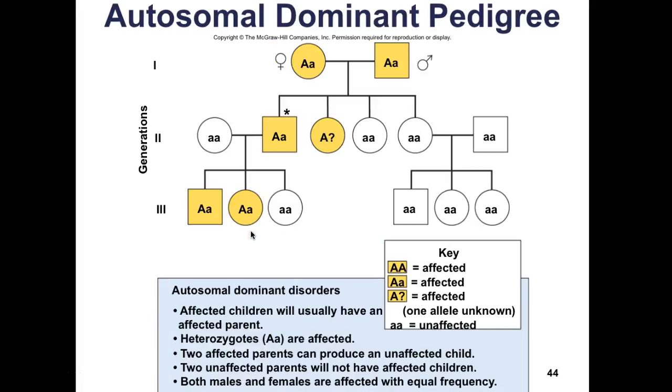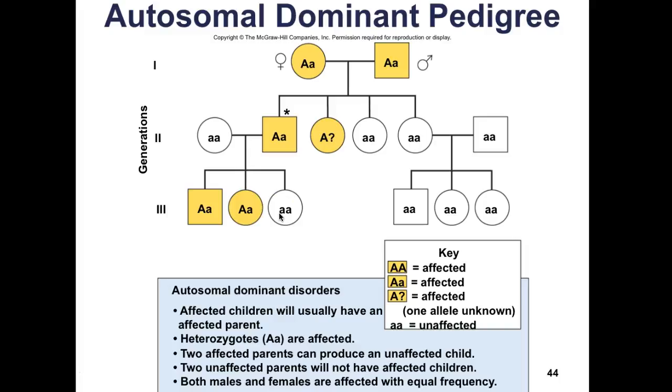You could also have the case of an autosomal dominant disorder. Basically what we would see here is the trait being passed through. So affected children will usually have an affected parent. Heterozygotes are affected.